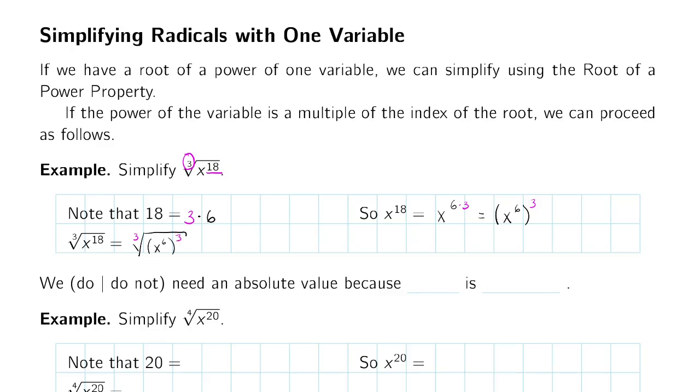And now we can cancel the third root and the third power, and we're just left with x to the 6th. And notice that we do not need an absolute value because the number 3, the index of our root, is odd. If we're taking an odd root of an odd power, we do not need an absolute value.